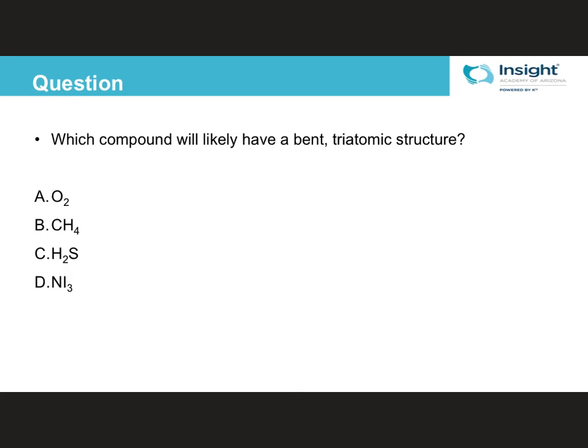So, which compound would likely have a bent triatomic structure? All right, so bent is like this. There's also the triatomic. You should sit there and be like, oh yeah, there should be 3 atoms in this. So there's a few ways you can narrow this down.